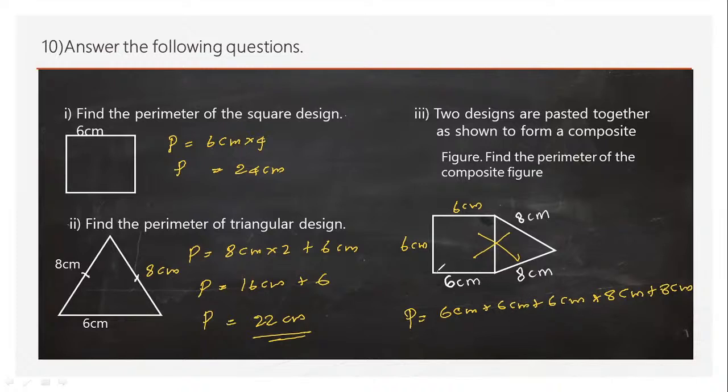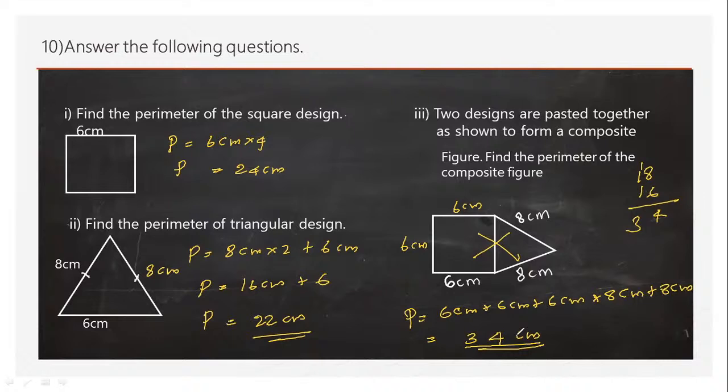How many sixes here? 1, 2, 3, that is 18. And here 8, 8, 2 are there, 16. 18 and 16, that is 34 centimeter.